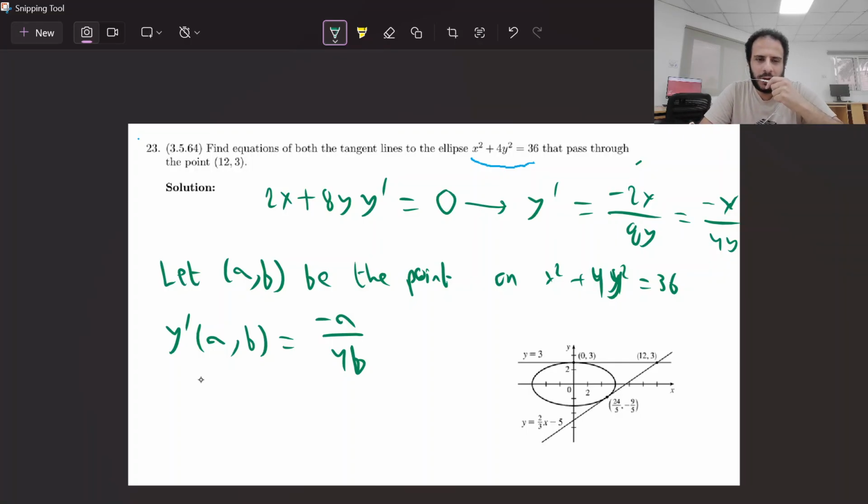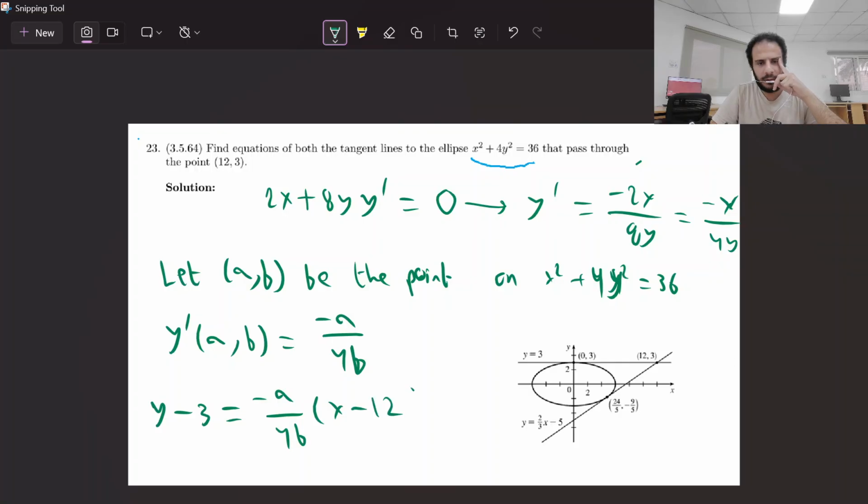Next, let's write the equation of the line. Since it passes through the point (12, 3), we can use the slope of the tangent and the point (12, 3). So we get y minus 3 equals minus a over 4b times x minus 12.